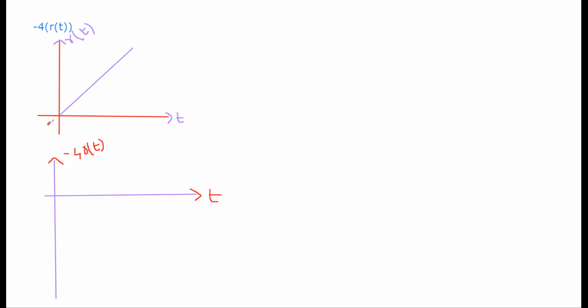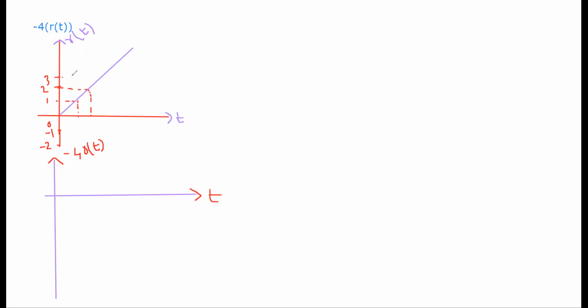This is 0 and this is 1, this is 2, similarly this is 3. Negative values should be indicated below. Minus 1, minus 2, likewise. So here r has the magnitude of 1 at 1 and 2 at 2.